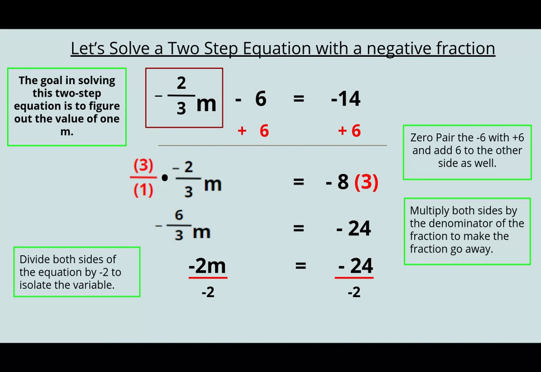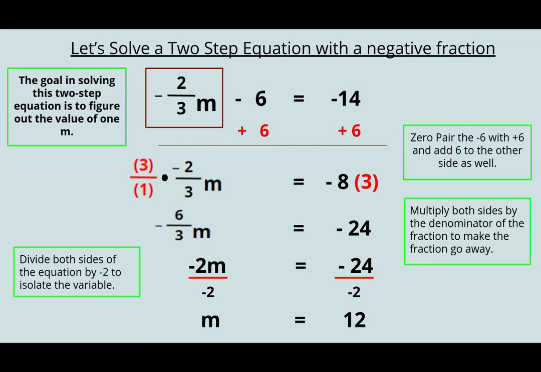What is negative 24 divided by negative 2? That's going to leave me with m equals 12. Again, you've got to be sharp on your integer rules. Anytime you do a negative divided by a negative, that gives you a positive.